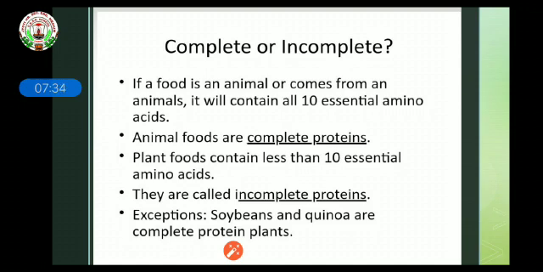Plant sources contain less than 10 essential amino acids. 10 are synthesized in our body, 10 we require from the food source, and plants are not having all 10 essential amino acids. So they are called incomplete protein sources. Exception: soya bean and quinoa are complete protein plants which contain all the 10 essential amino acids.